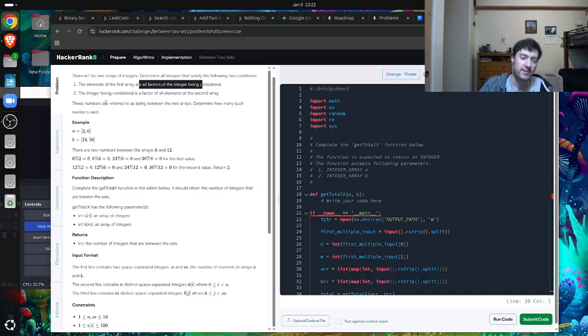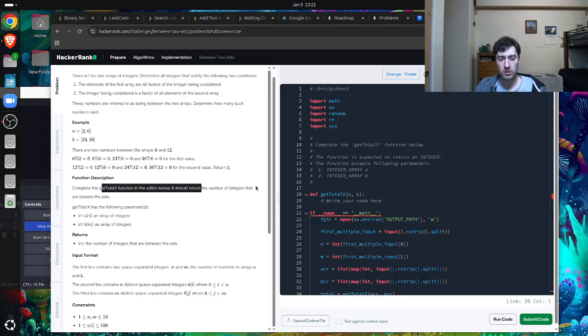Determine how many such numbers exist. What? Okay. Example: A is 2 and 6, B is 24 and 36. There are two numbers between the arrays, 6 and 12. Complete the getTotalX function in the editor below.